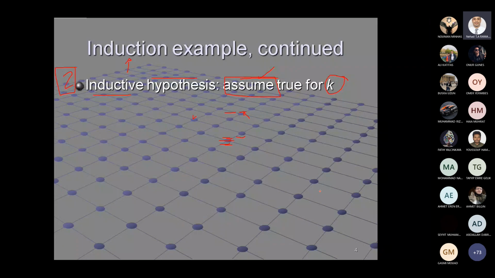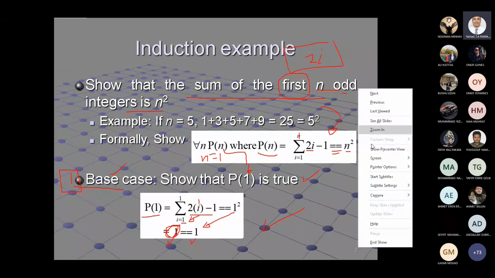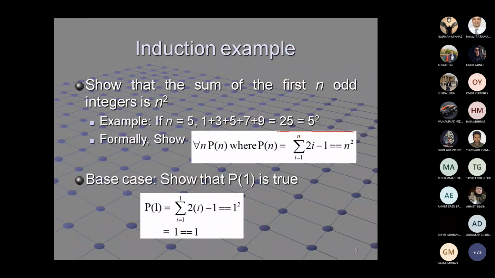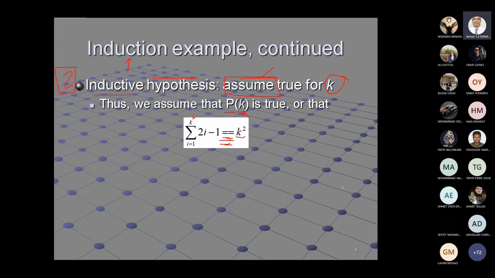From the original equation given to us here. Instead of n, we will put k. So this k and this k. We assume that it's correct for k. So this is the inductive hypothesis.